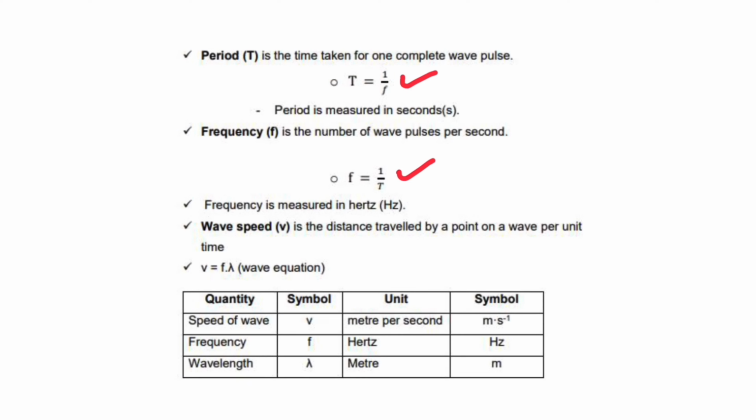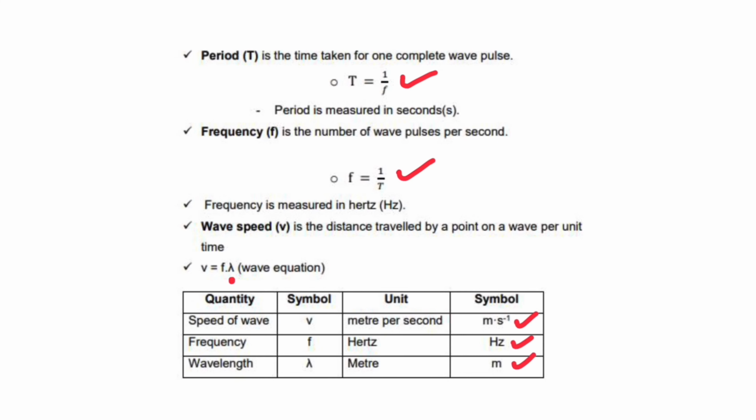So the equation for wave speed, we have v being equal to the frequency multiplied by the wavelength. This symbol right here is wavelength. Right, so the speed of the wave is in meters per second, the frequency is in hertz, and the wavelength is in meters.